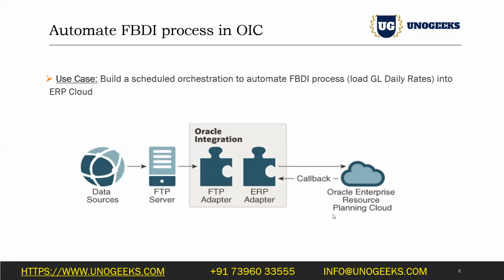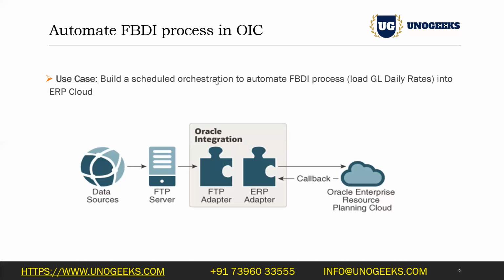So the flow would look something like this. The data source, it could be Bloomberg or a core banking system, generates a file in FBDI format, that is important, and places the file on an SFTP server. They do it overnight, probably at 2 or 3 o'clock in the morning.